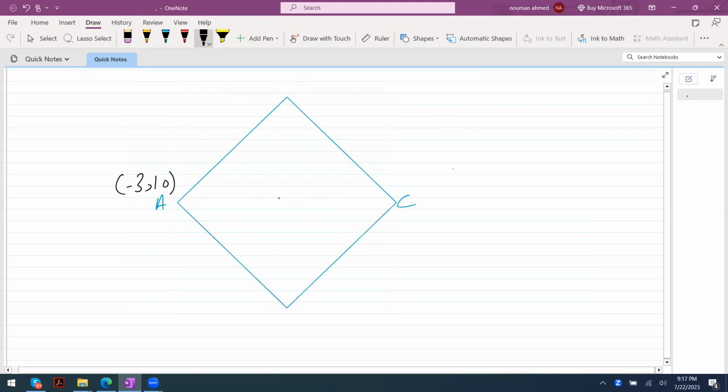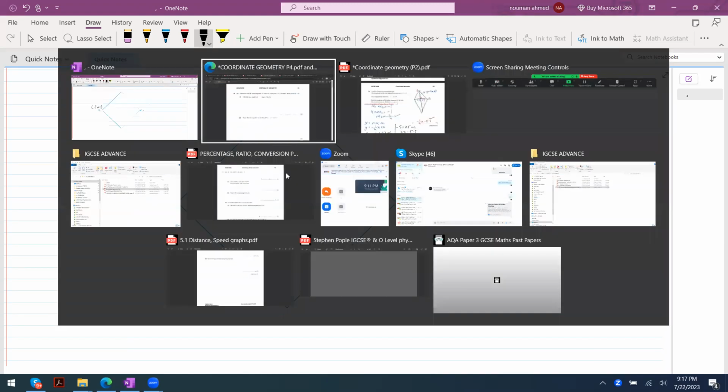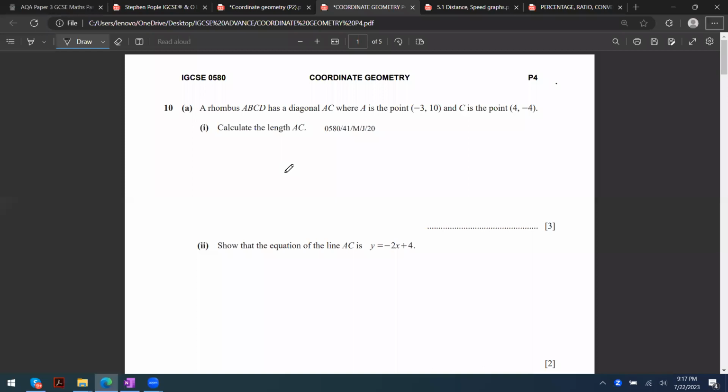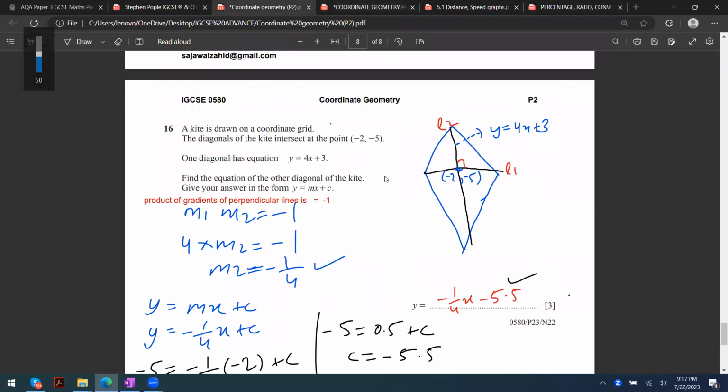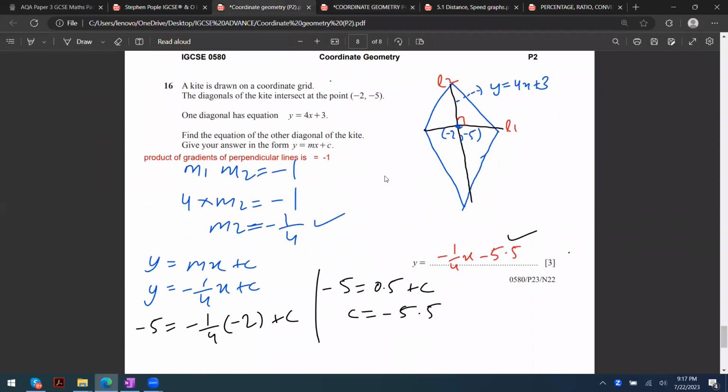Sir, I have a question. Yes. Sir, in the kite question, why did we not pick the bottom part of the kite? In the kite question, first of all, your question is not 100% clear to me, but I will say again, in a kite the diagonals are at 90 degrees.